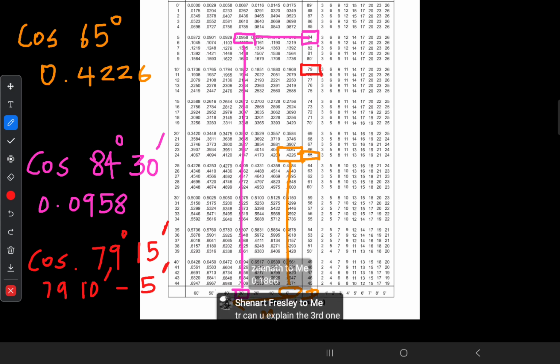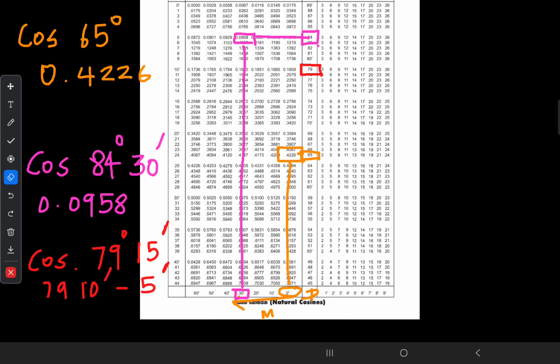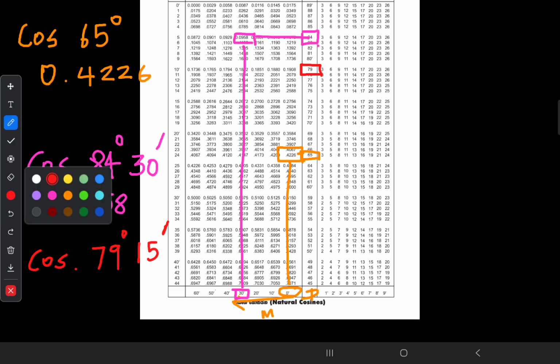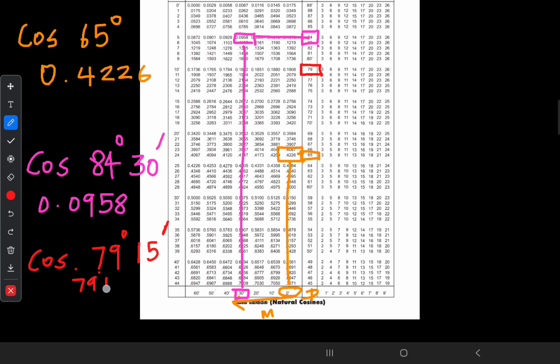Let me repeat once more, so clearly try to understand. We can split this angle as 79 degrees 10 minutes plus 5 minutes. 79 degrees 10 minutes would be this one.